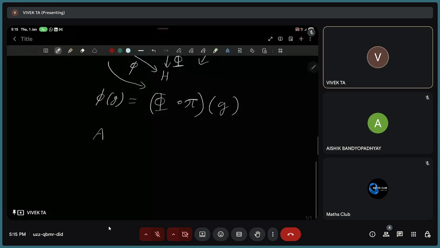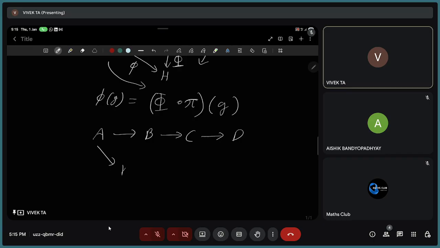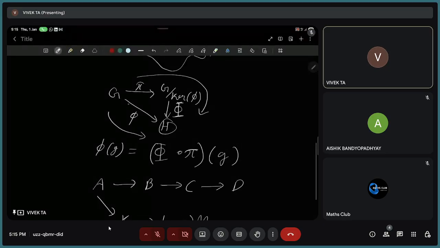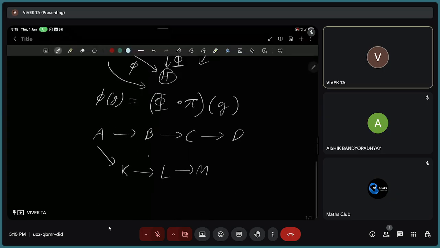If I make a general one, a commutative diagram might look like this: K, L, M. It need not have only one endpoint. Here you have only one endpoint, but you might have multiple endpoints like this. So things like these are possible.